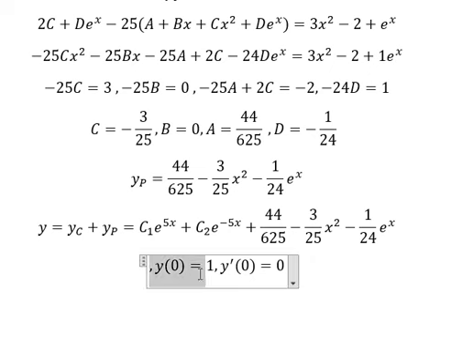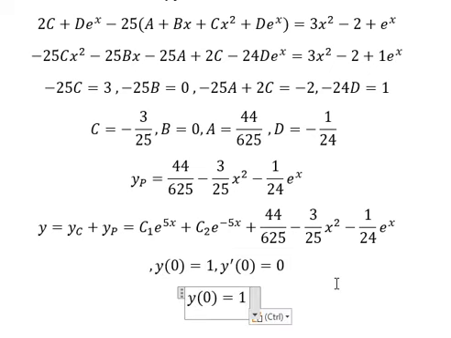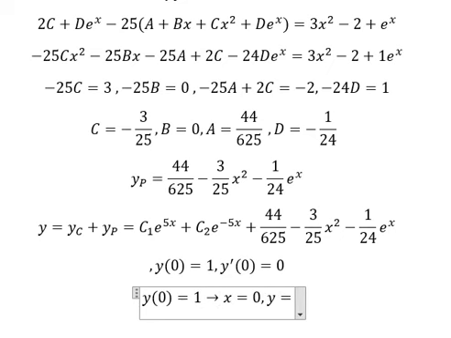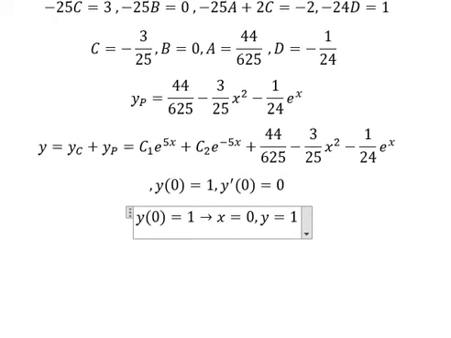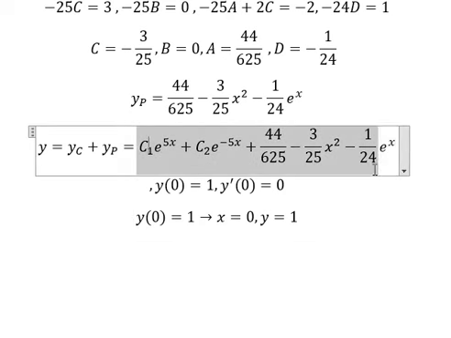For the first one, that means when s equals 0, y equals 1. Now we put s equals 0 in here.